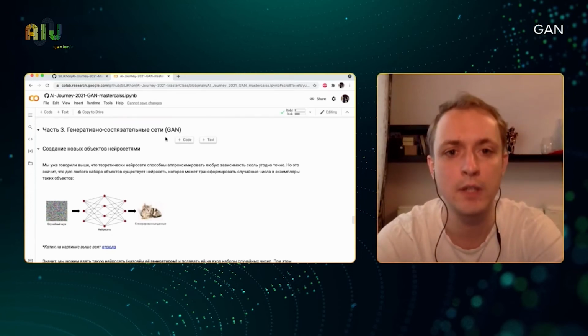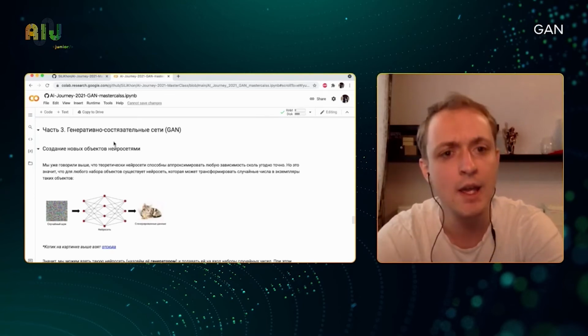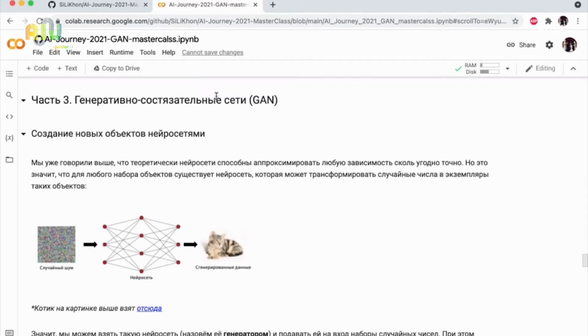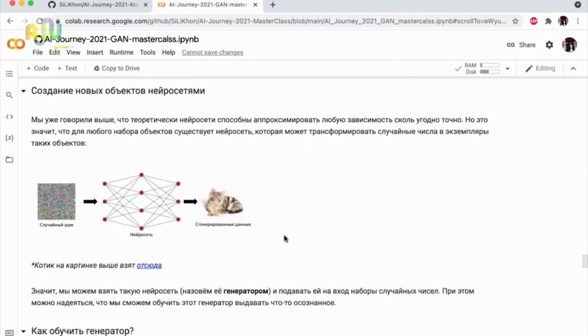One of them is used in GAN, I will use the abbreviation not to say generative adversarial networks every time. It would be easier for me. So GANs use that approach to create objects.